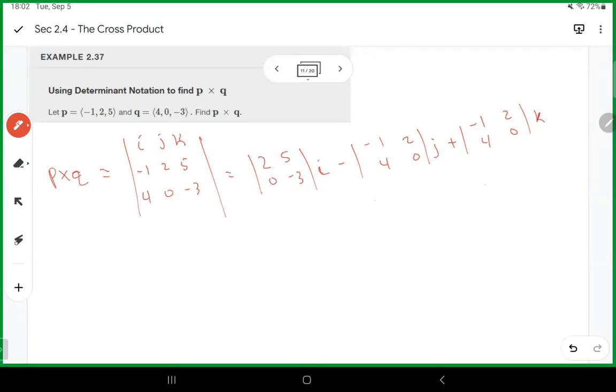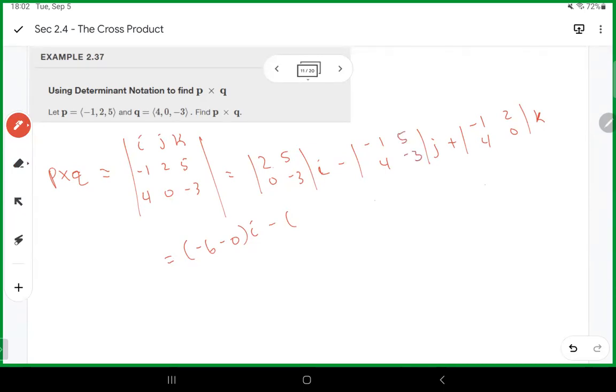And then we're just going to go through and do the determinant. So negative 6 minus 0, i, minus, oops, I wrote the wrong thing down here. That should have been a 5, negative 3.